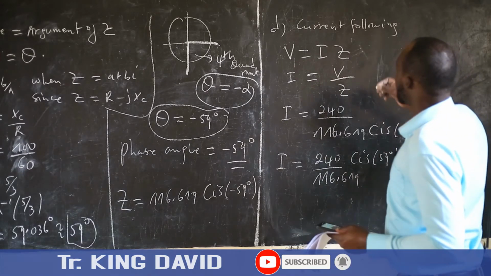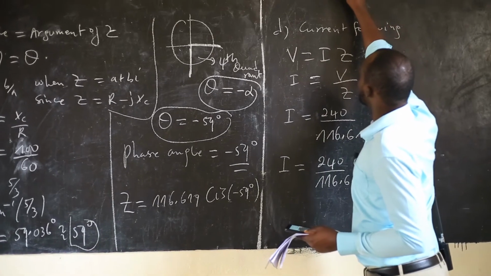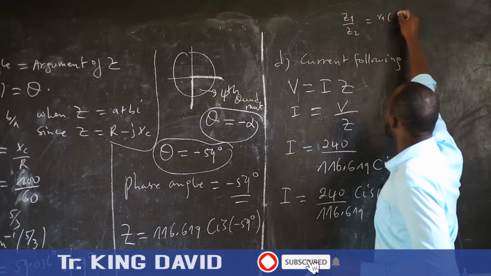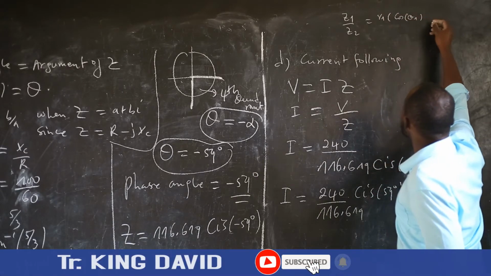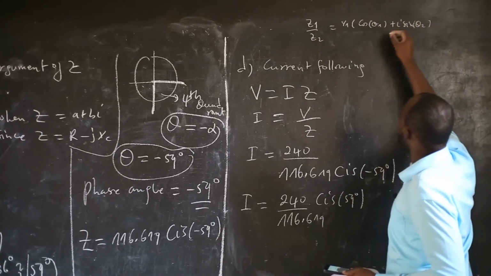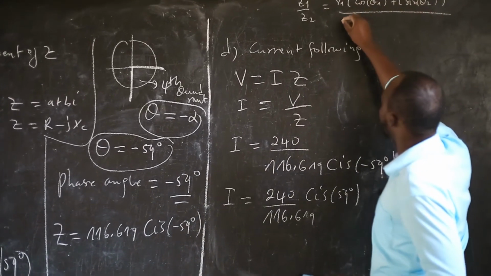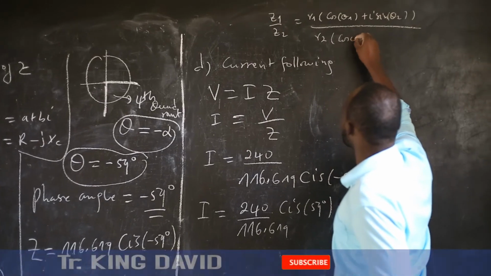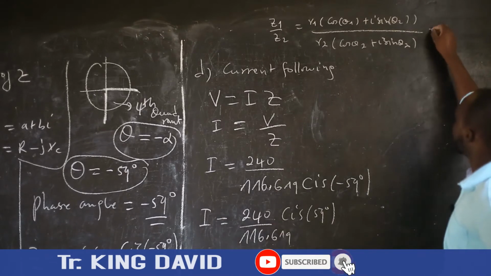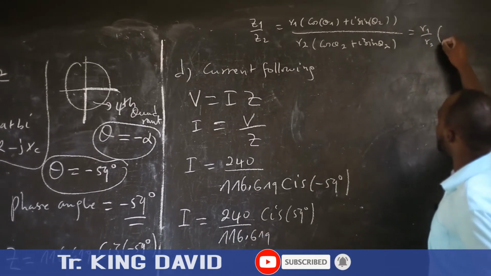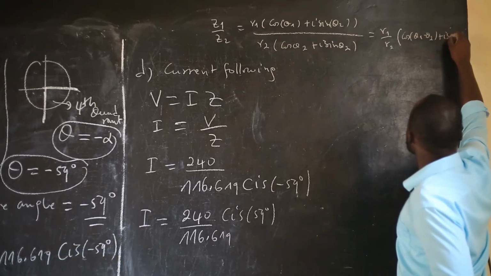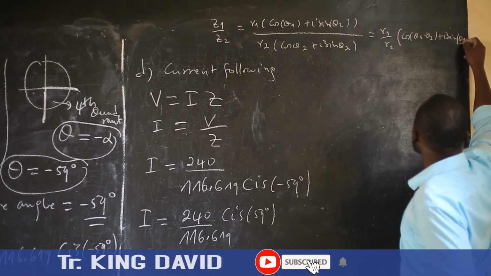Remember, when you have Z1 over Z2, where Z1 is R1 times, in brackets, cos angle 1 plus i sin angle 1, divided by R2 times, in brackets, cos angle 2 plus i sin angle 2, this becomes R1 over R2 times, in brackets, cos of angle 1 minus angle 2 plus i sin of angle 1 minus angle 2.